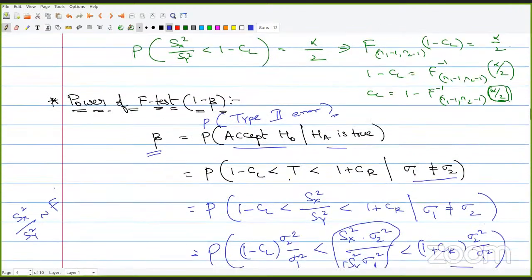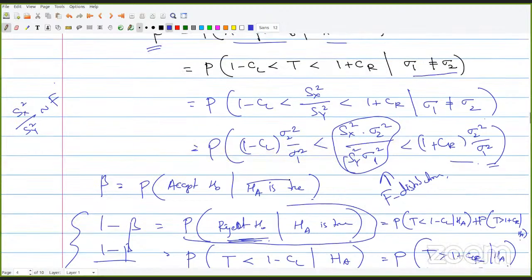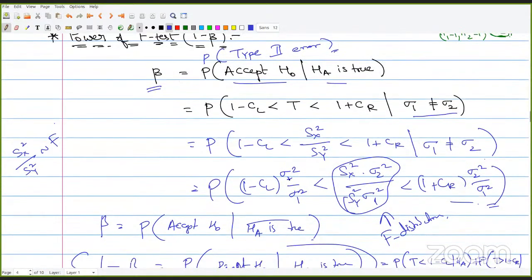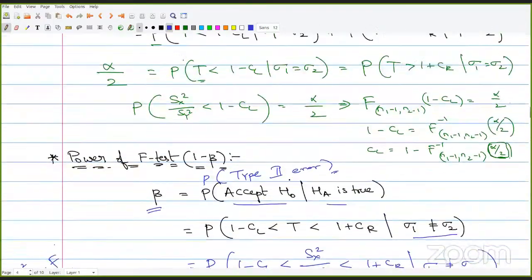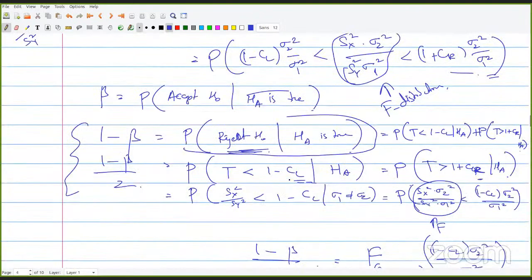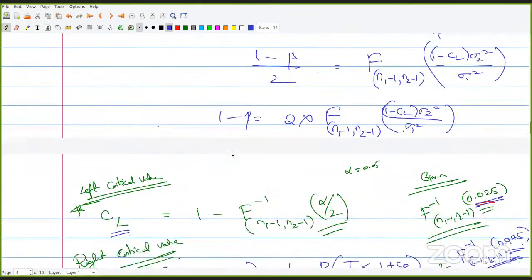When you put it as CL and CR, they are not the same values, correct? 1 minus CL. But when it comes to power computation, is the assumption that they are going to be symmetric? No. Whatever we did for alpha, the same thing we have done for beta, 1 minus beta. There is nothing changed. We are talking about the same rejection region. The region is important to find.